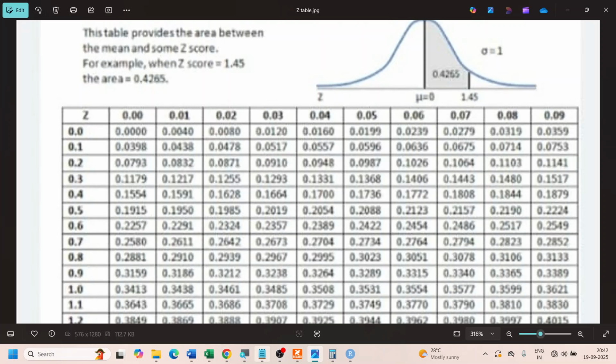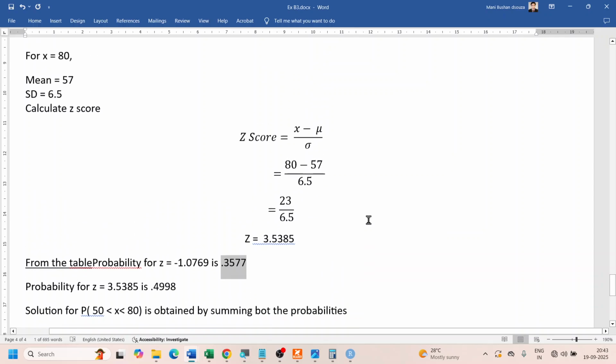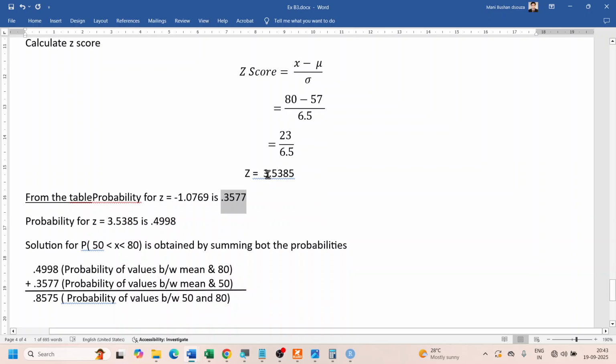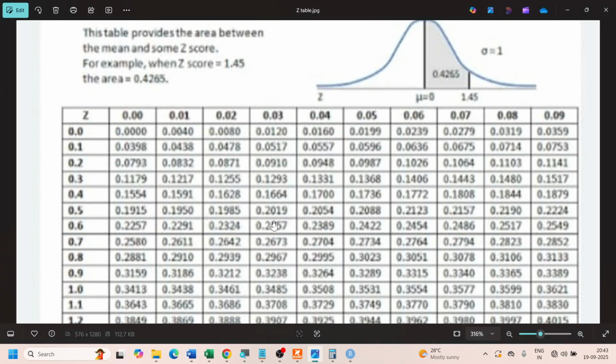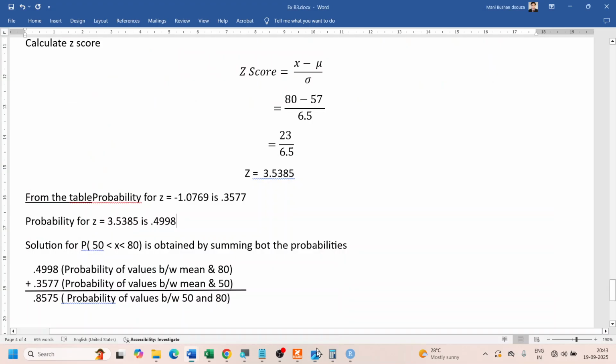Now let's look at the next one. I'm going to go here and take this value. What is the 80? For 80, the Z score I got is 3.53, and this is not really required. So I'm going to take 3.53. Let's search for 3.5, and the area under 8.